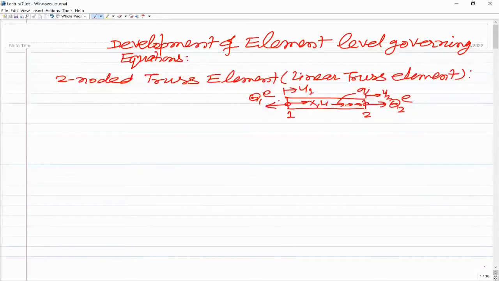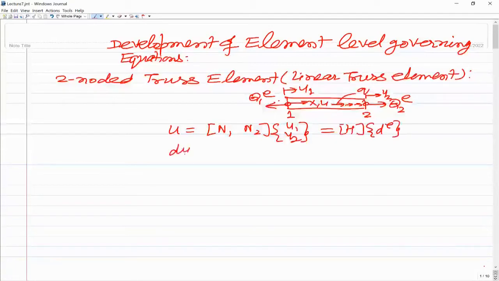So u1, u2 are the nodal degrees of freedom, and we said that the displacement approximation within the element is N1, N2 into u1 and u2, which is H into de, and similarly du/dx is B into de.